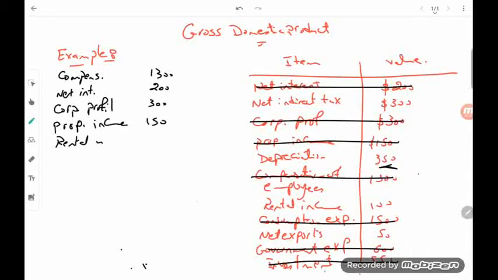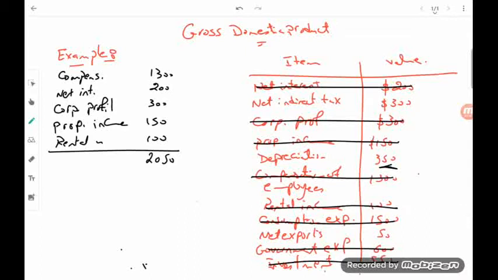And rental income is 100. This will be 2,050. And this is at factor price, net income at factor price.